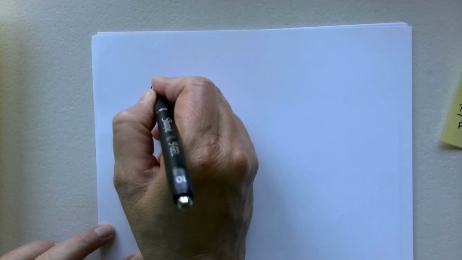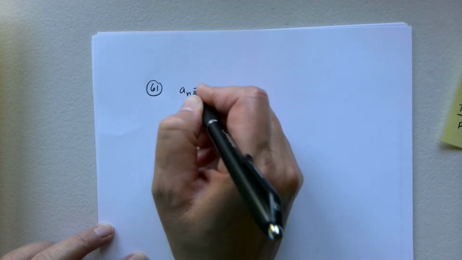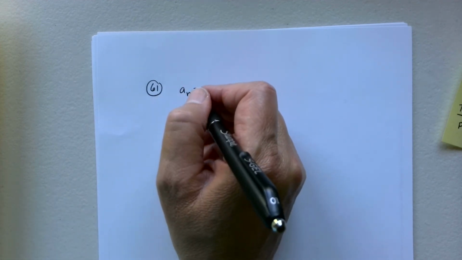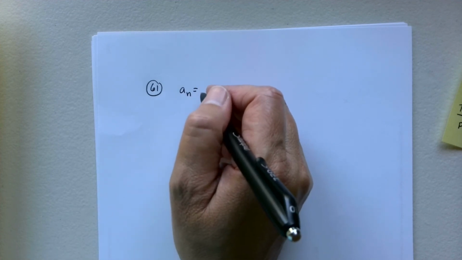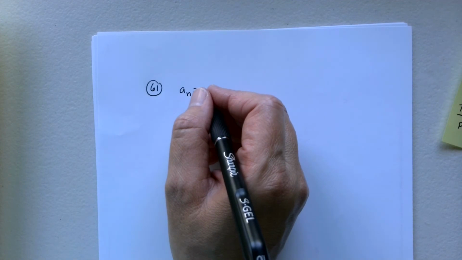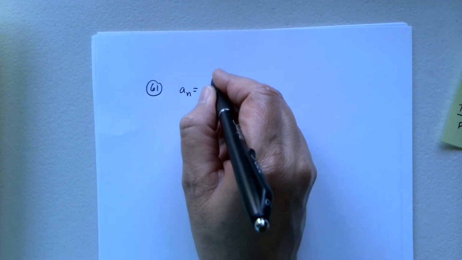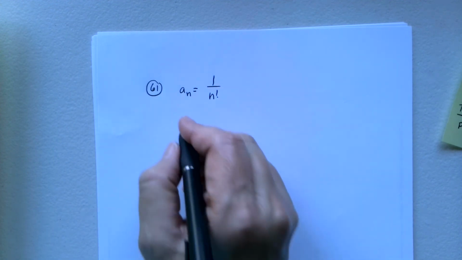You may have encountered some of these on your homework yesterday. On number 61, they want us to write the first 5 terms of the sequence. So they're giving us the explicit formula, and they want the first 5 terms.